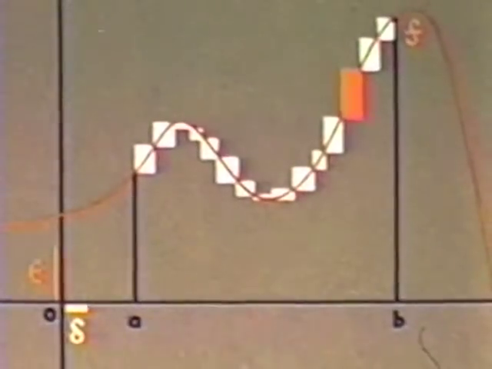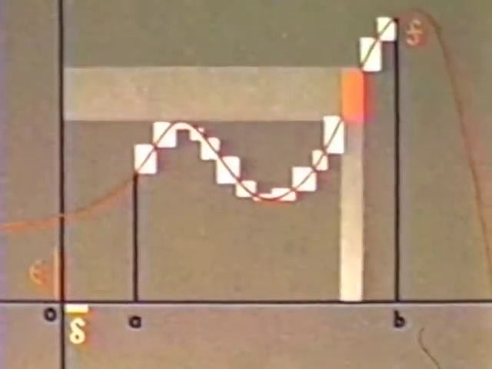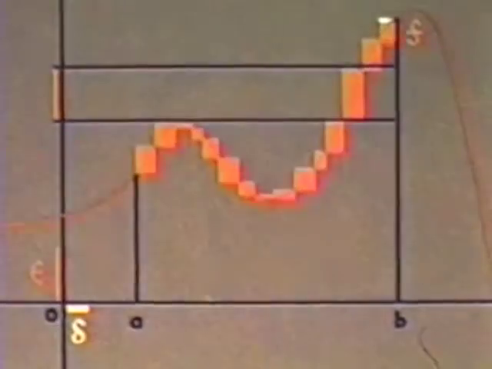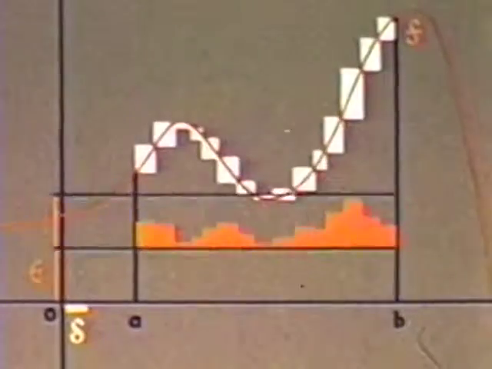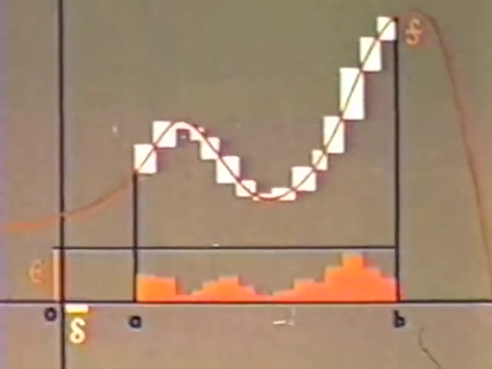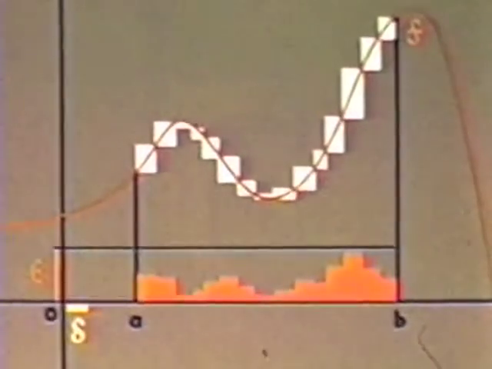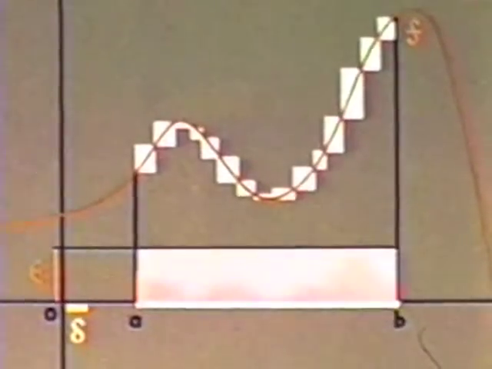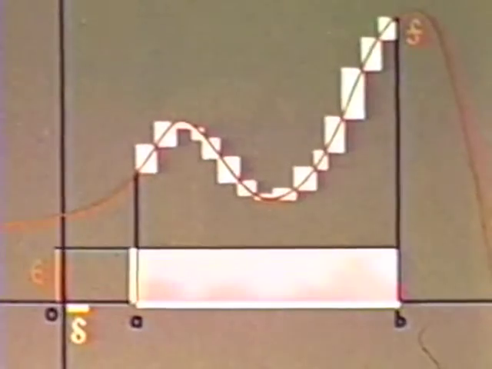Since epsilon and delta were chosen according to uniform continuity, each of the small rectangles has a height less than epsilon. Hence, the sum of their areas will be less than the area of a rectangle with base equal to b minus a and height epsilon.